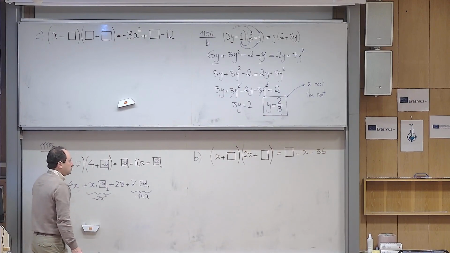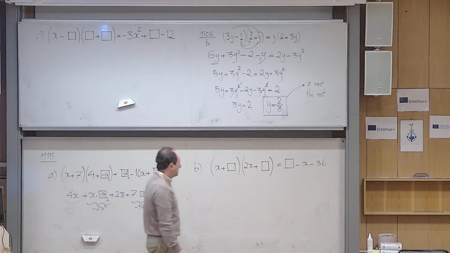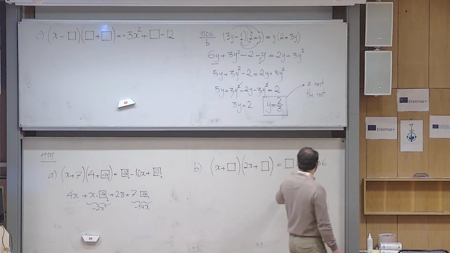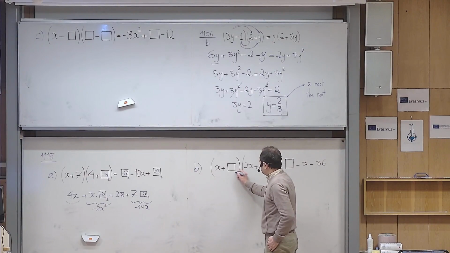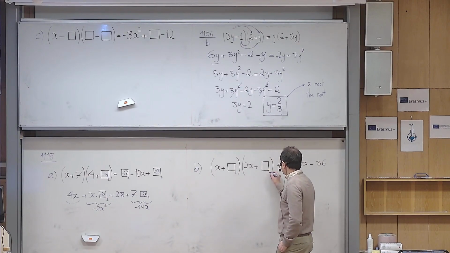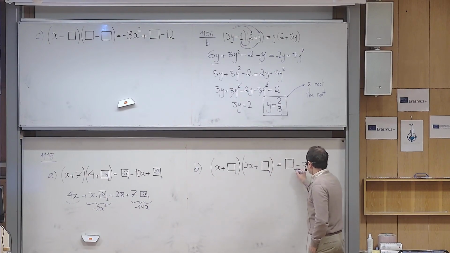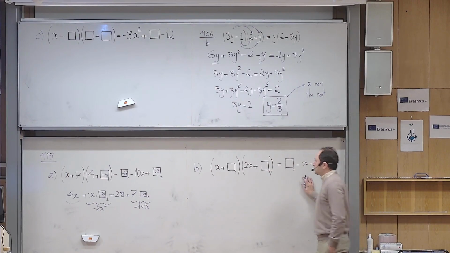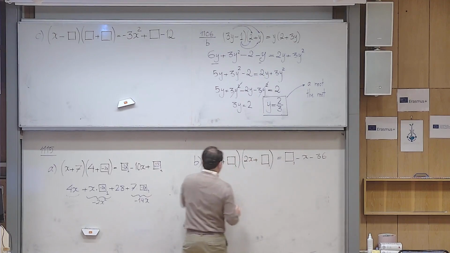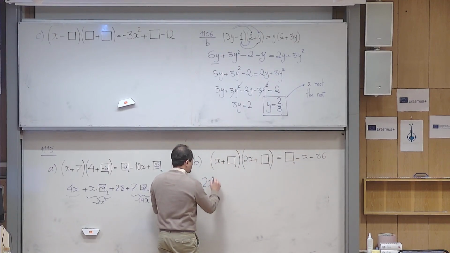Okay, part B, could you solve part B? Again, we have 3 boxes involved. So let us do the same trick. I put a number 1 here to keep track, number 2 here, number 3 there. Okay, so let us try to multiply. This one times that one is just 2x squared.